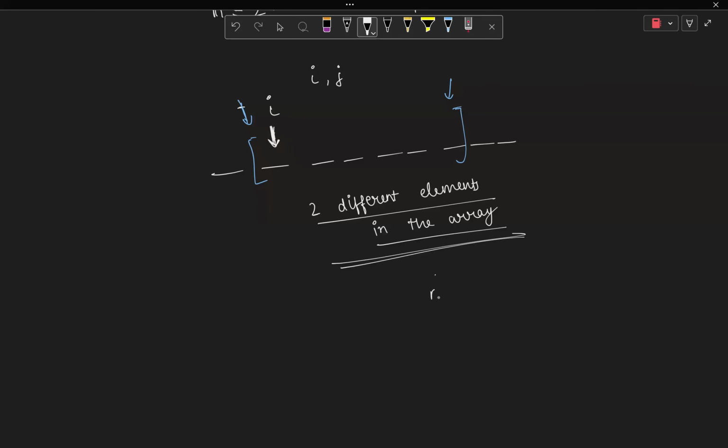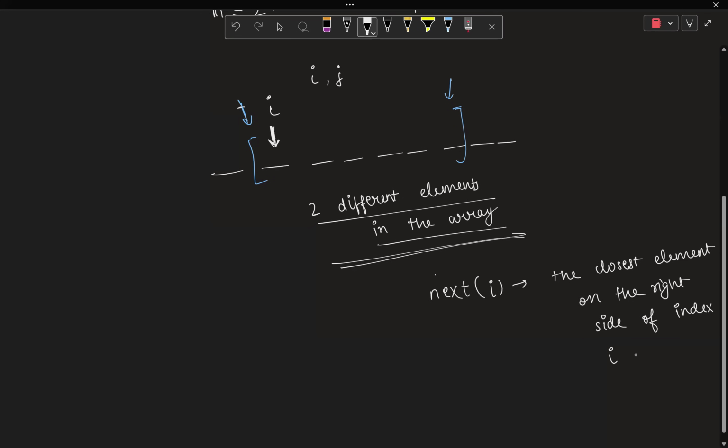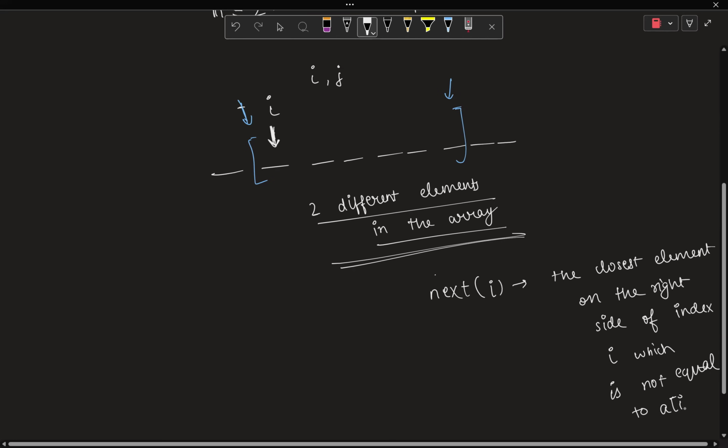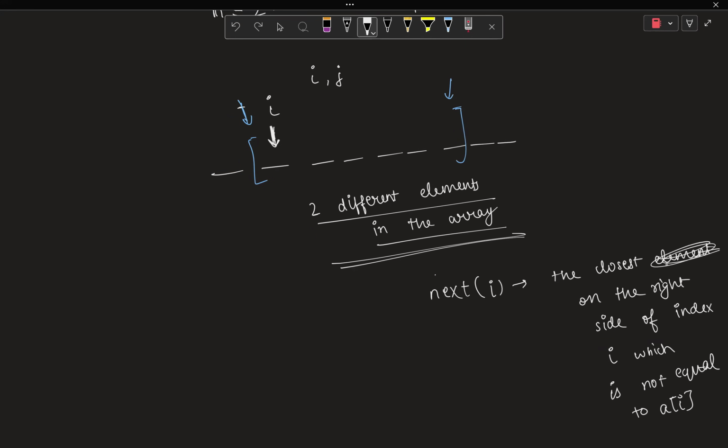Let us say there is something like next of I, which will tell me the closest element on the right side of index I which is not equal to A of I. Sorry, it will tell me the index of the closest element.